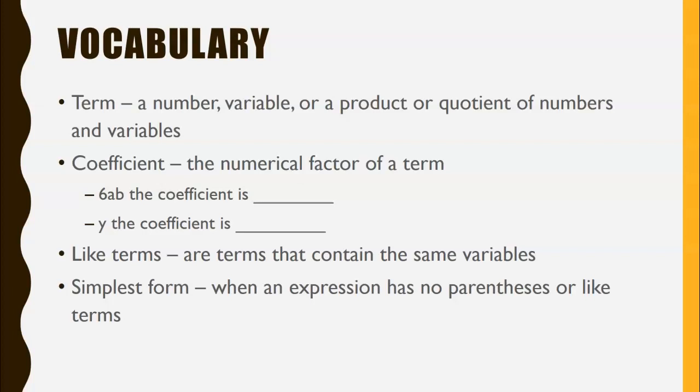So in this case, 6AB, the coefficient is 6. In Y, this is like a sneaky coefficient. Technically in front of that Y, go ahead, Sierra, what do you think? A 1.